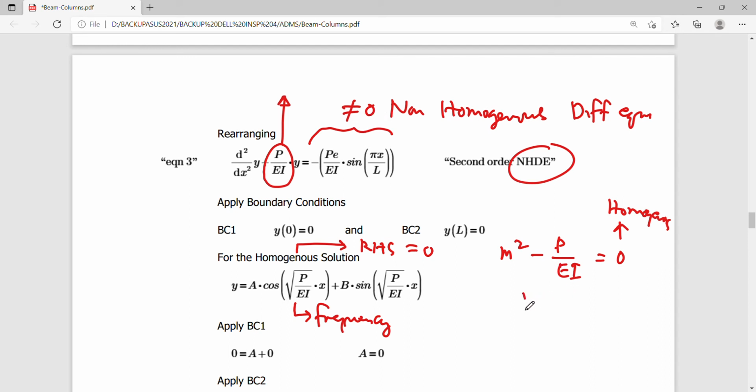So if I take now my root, m is simply equivalent to the square root of p over EI.